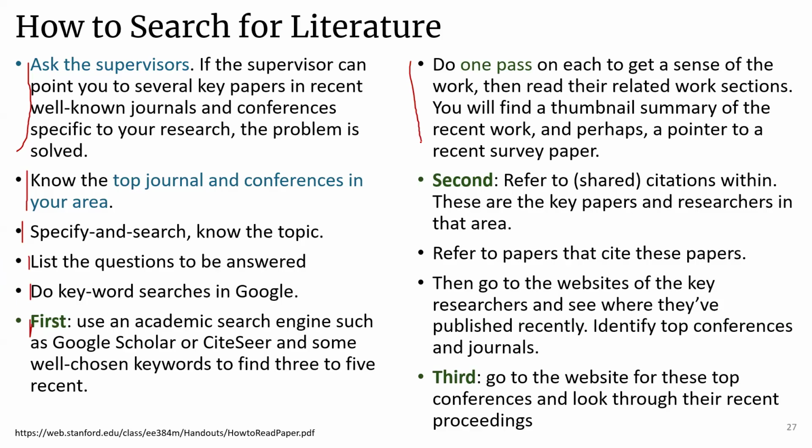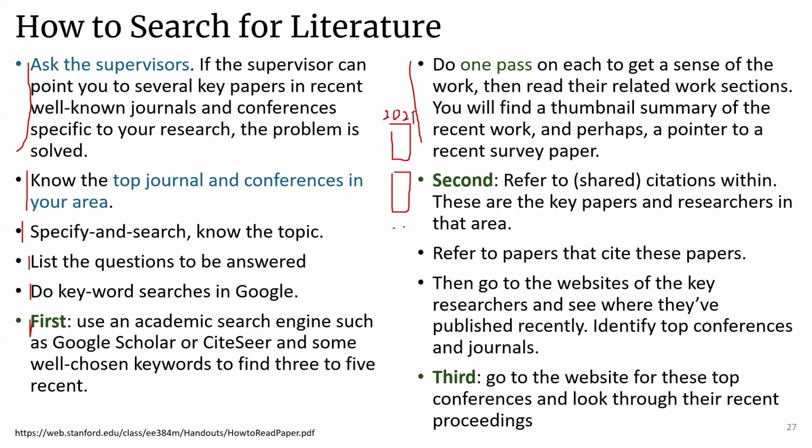Second, refer to the shared citations within these. These are the key papers of research in that area. So what this means is this. Maybe assume that you found several papers that have been published in 2025, for example. So three papers in 2025.